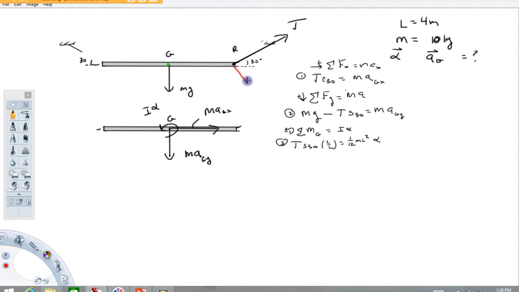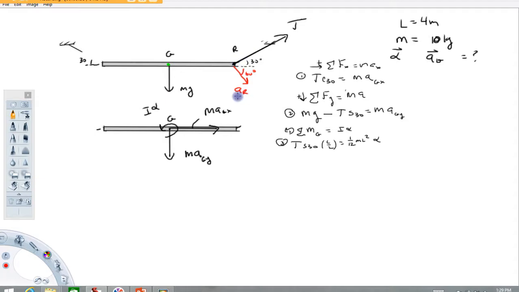So the acceleration of point R is in that direction, at 60 degrees. This would have to make a right angle to the tension unless this rope stretched or broke. But as long as this rope doesn't break, we know that the acceleration of that point is in this direction. It's important to realize it's not moving at this instant, so there's no centripetal term.